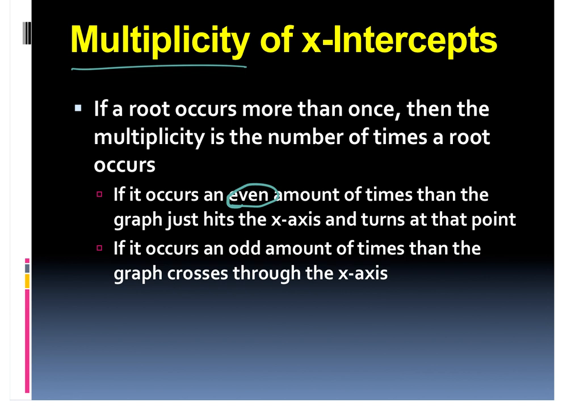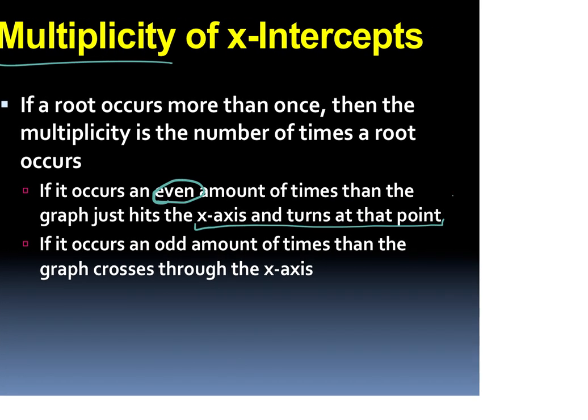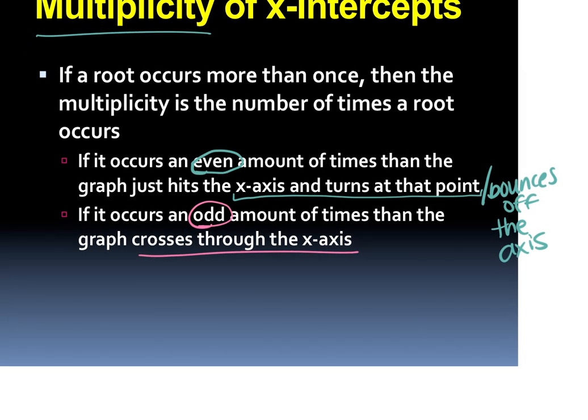Because if that happens, then the graph hits the x-axis and turns around at that point, or bounces off the axis. So it physically hits that point and turns around, goes back the way it came. If it's odd, then it crosses through the x-axis at that point. So if I had a graph and I had this 0 that occurs only once and this that occurs twice, then it's going to cross through this one.